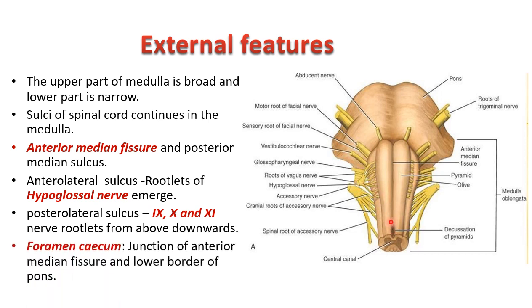Then if you trace the anterior median fissure above, it ends as a small foramen, which is called the foramen cecum. So on the ventral aspect, mainly what you come across is the origin of the 12th cranial nerve from the anterolateral sulcus. And at the lowermost part of the medulla, you can see there is crossing of fibers.